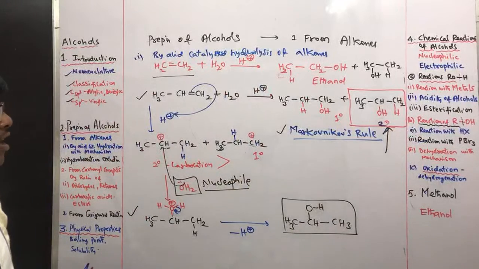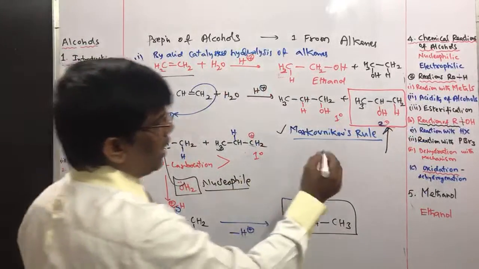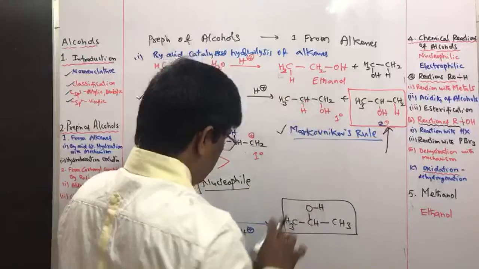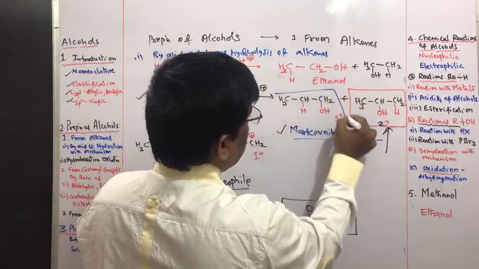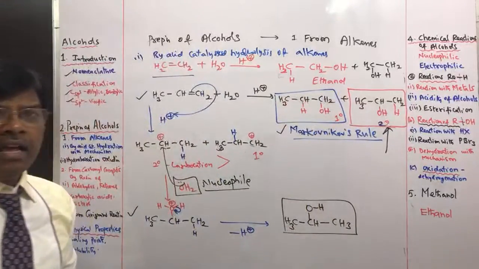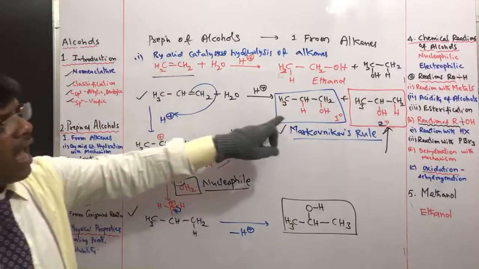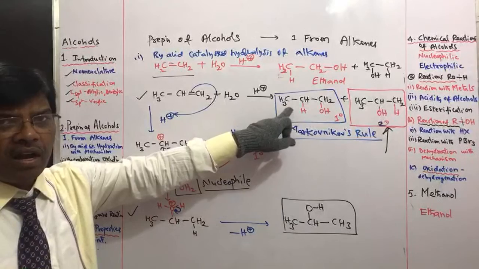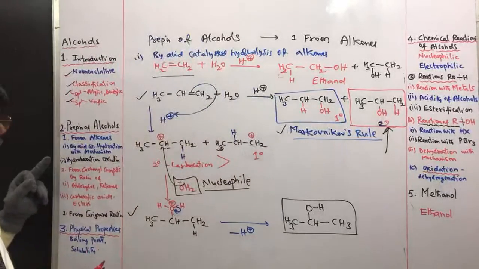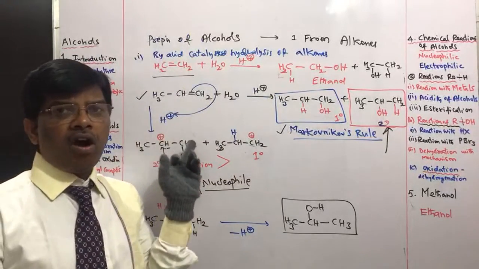Then you will have a doubt. If I want to make N-propanol, a primary alcohol, is there any method? Yes, students. The method to make anti-Markovnikov's alcohol is via hydroboration followed by oxidation.